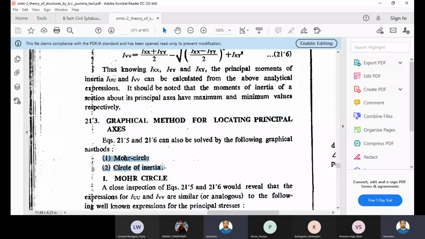One is the Mohr circle method, another is the circle of inertia. First we will discuss the Mohr circle method.